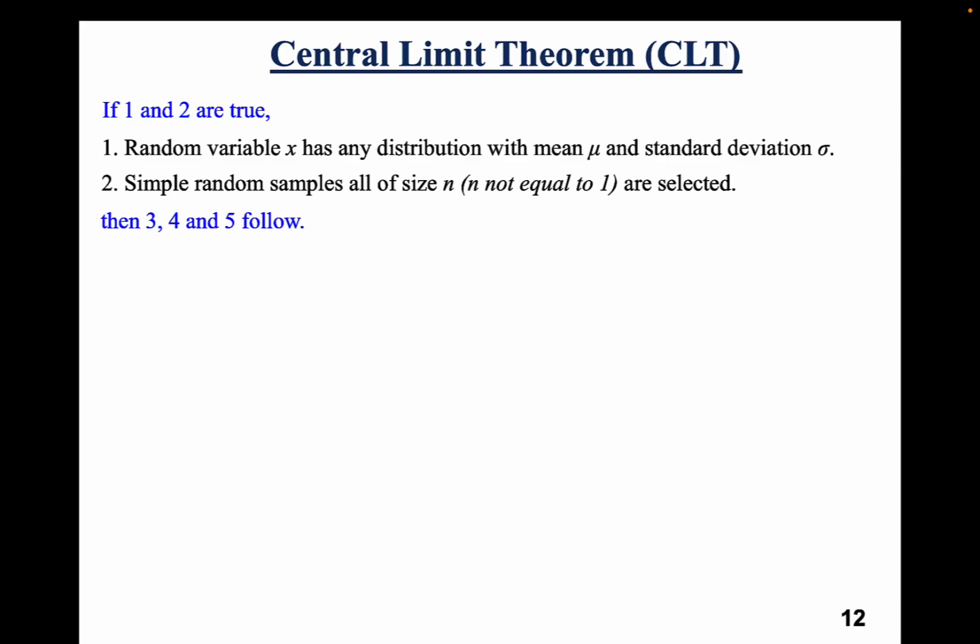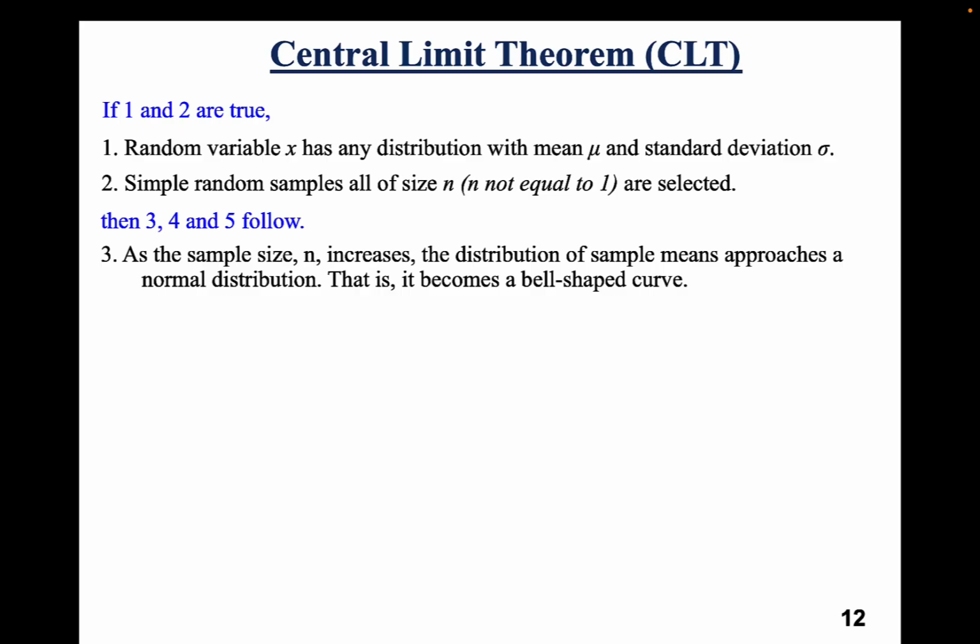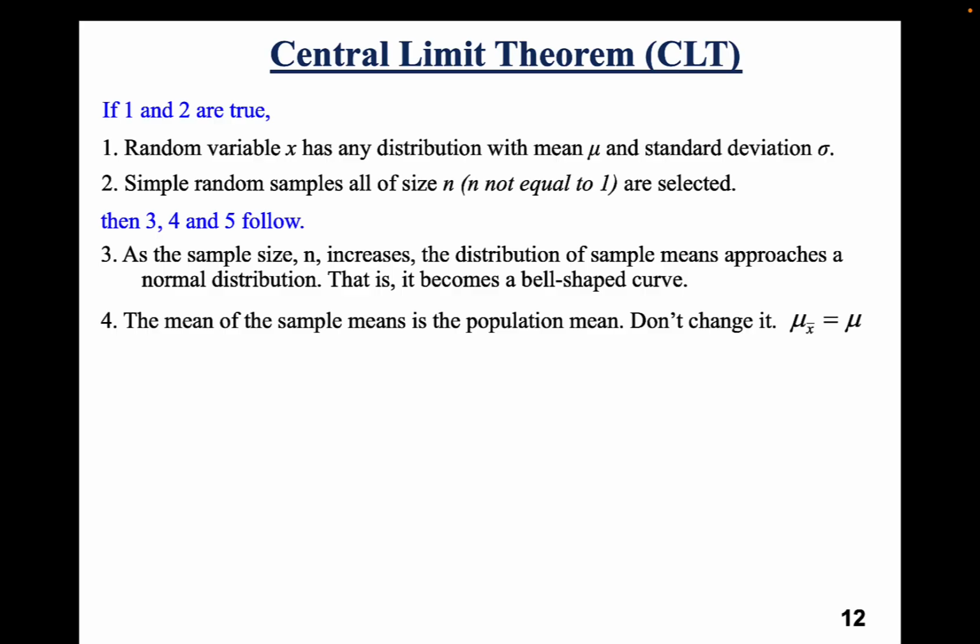Then 3, 4, and 5 follow. 3, as the sample size n increases, the distribution of sample means approaches a normal distribution. That is, it becomes a bell-shaped curve. 4, the mean of the sample means is the population mean.